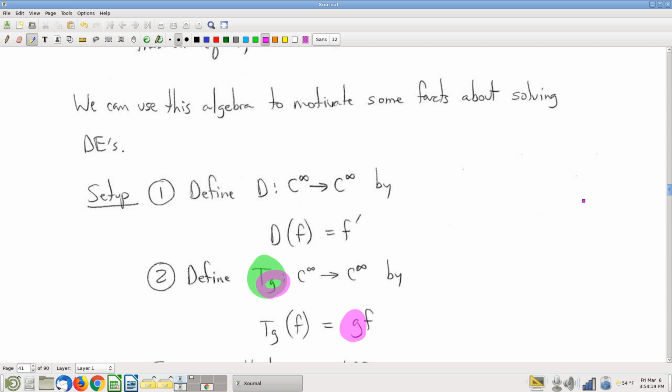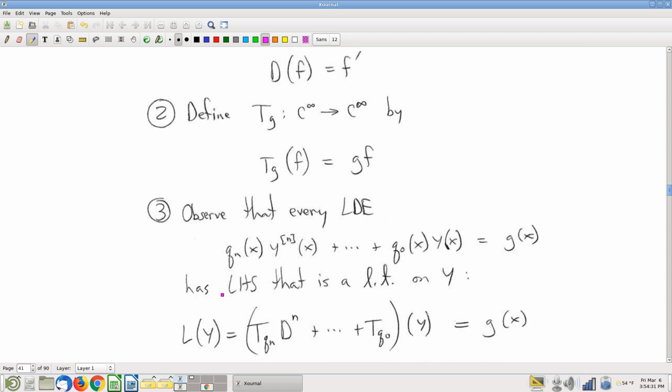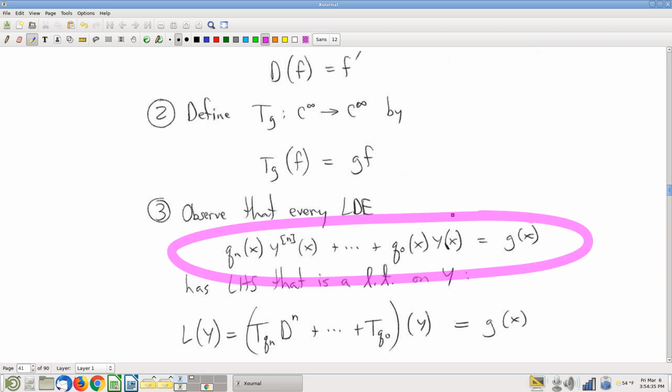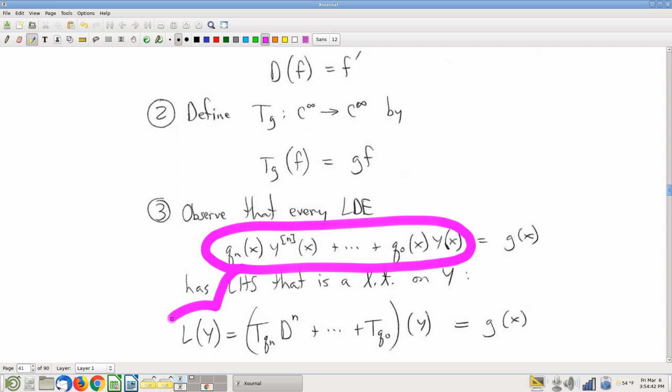We have here two linear transformations. Turns out these are a powerful pair of linear transformations. I make first a seemingly innocent observation, but going back to chapter 4, remember we looked at differential equations like this. Remember that we looked at this whole great, big, monstrous left-hand side, and we just called it L of y.